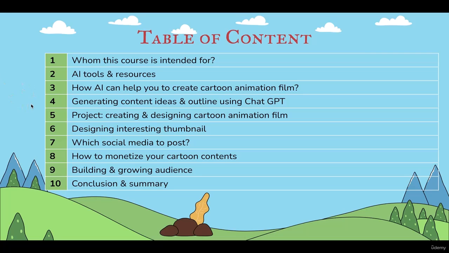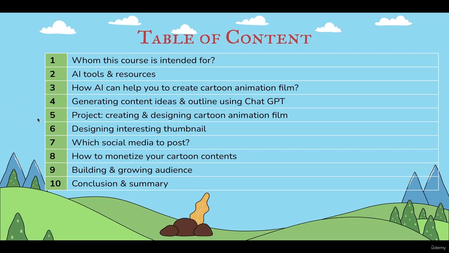Let's move on to the next one here, the fourth chapter. So I'm going to guide you step by step on how to generate content ideas and outlines using ChatGPT. So you're going to learn effective prompts for ChatGPT to generate you content ideas for your film, right? So yeah, that's chapter 4.